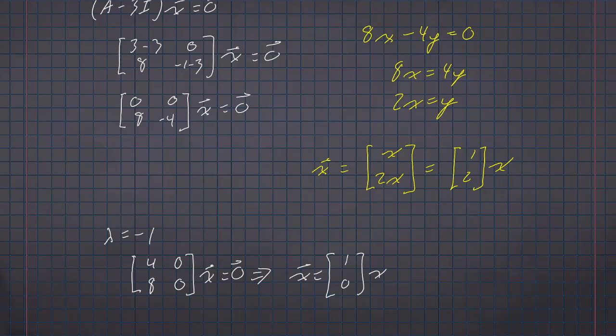But you get that the eigenvectors corresponding to lambda equals negative 1 are vectors in the form 1, 0, or scalar multiples of 1, 0. So the vector space, the eigenspace, is the span of vector 1, 0.